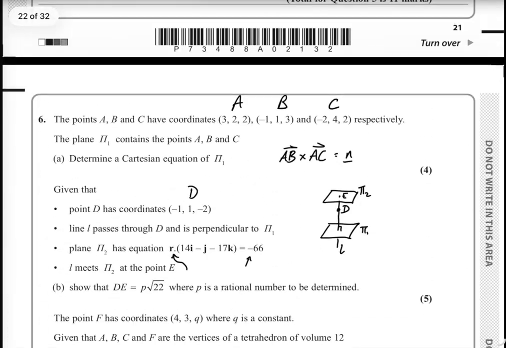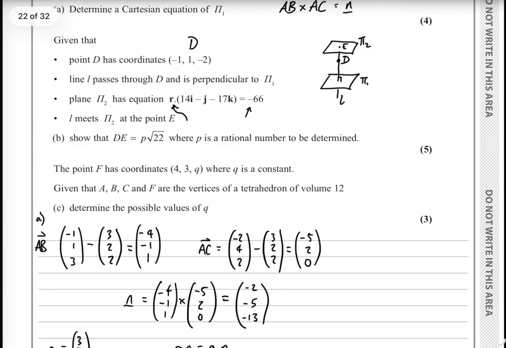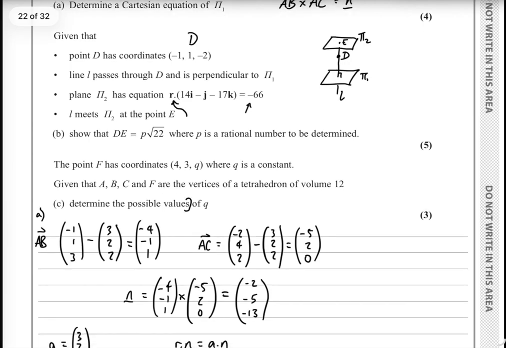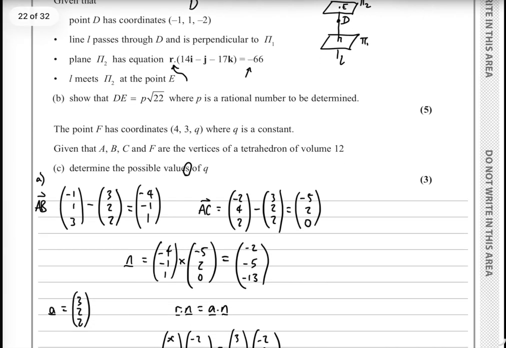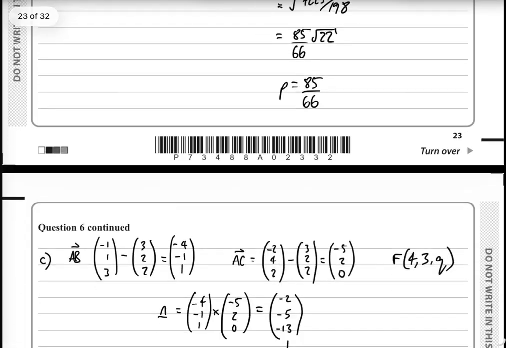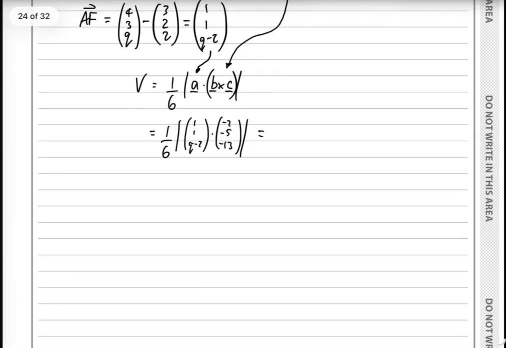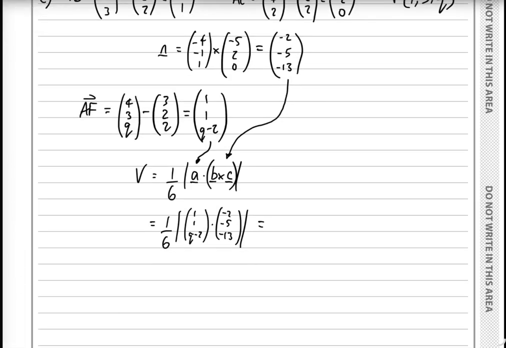Oh, quick note here, just saw as I went past, determine the possible values, plural, so I'm expecting 2 or more, and that is probably because of this magnitude symbol here. So if I take the 6 over the other side, make that 72, and then do the dot product, we get minus 2, minus 5, minus 13Q plus 26, sorry I missed a Q, important one.